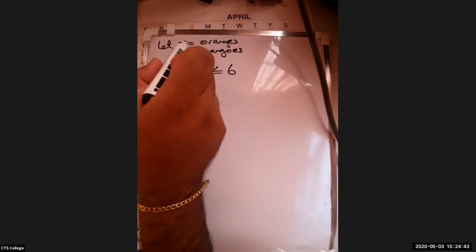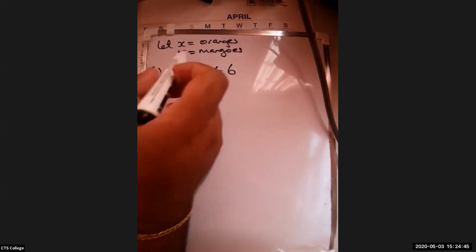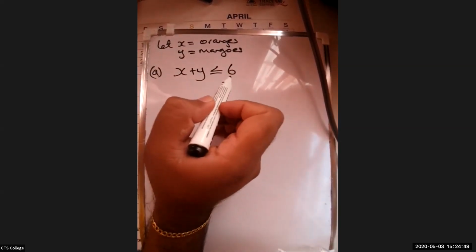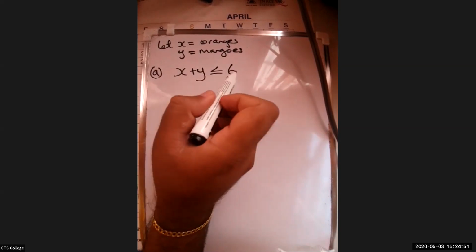Right, correct. So X plus Y must be less than or equal to 6 because the question tells us that her bag can only hold 6 fruits. So the number of oranges and apples, sorry, the number of oranges, you hear me talking about apple now. The number of oranges and mangoes must not exceed 6. So X plus Y is less than or equal to 6.